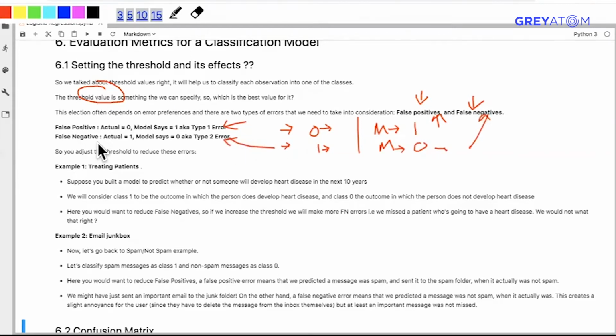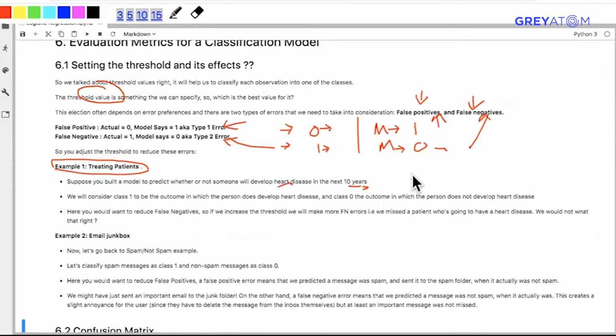So to reduce the errors, we use different threshold values. Let me give you an example real quick so that you understand how we choose these threshold values. Listen to me carefully here. Suppose we are treating patients. We built a predictive model to predict whether someone would develop a heart disease in the next 10 years or not.